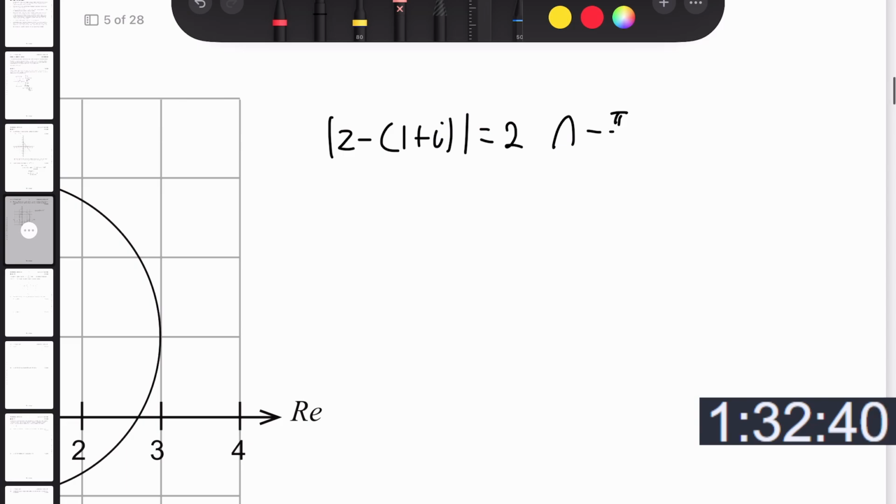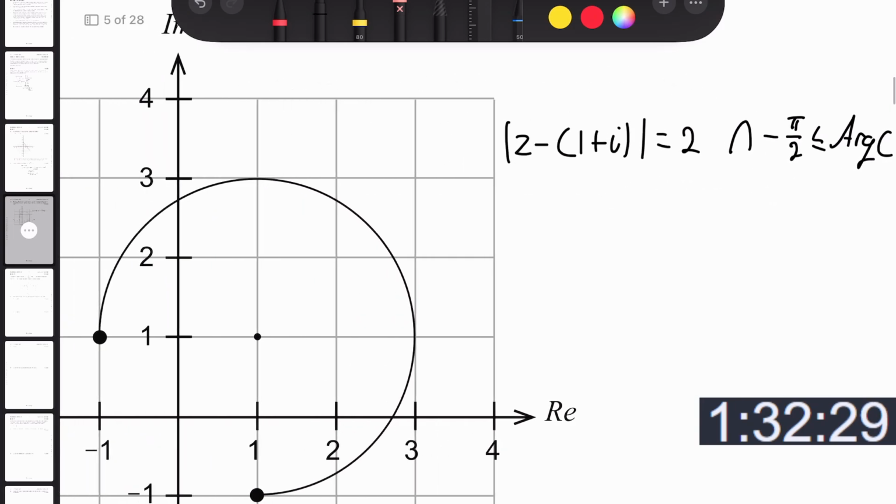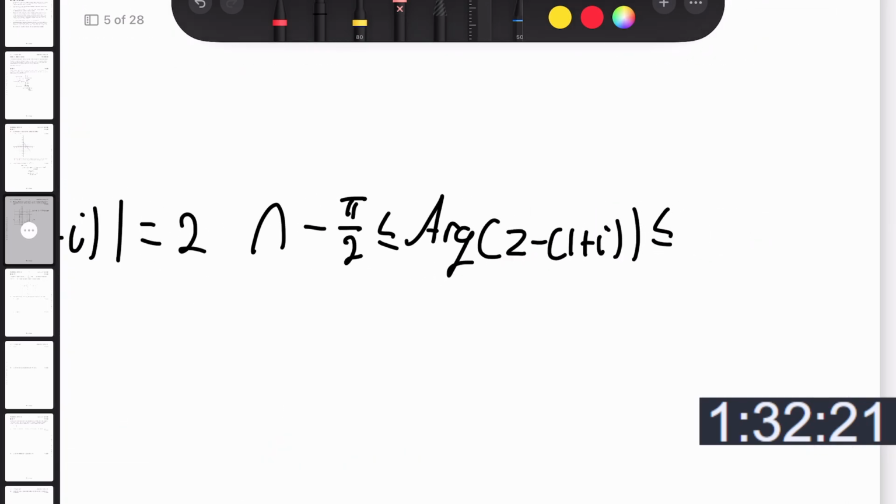So -1/2, that's going to be equal to the argument of, I'm going to run out of space, so I'm just going to move it all over a bit. An argument of z minus (1 plus i) is equal to pi.